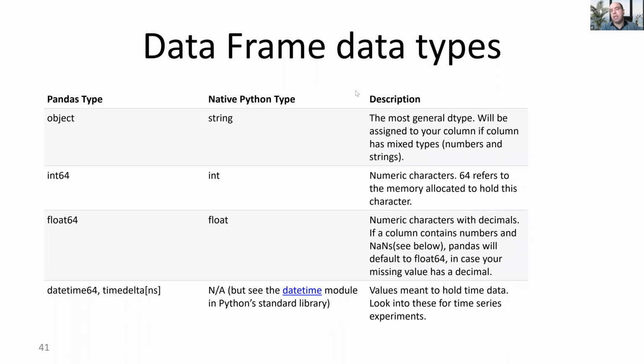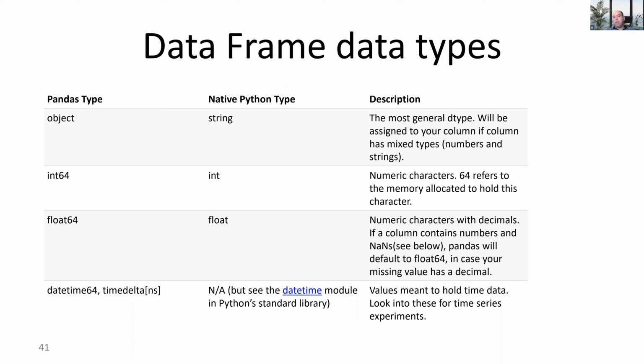Now, in terms of the data types that we have, what we call string in native Python type, we would call an object in pandas. This is the most general data type.